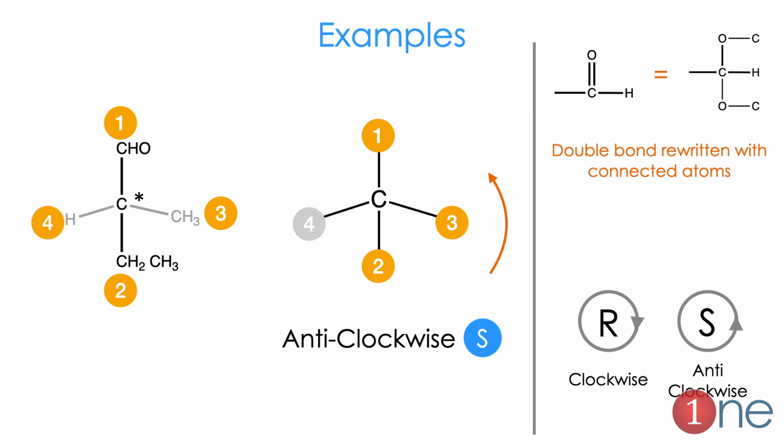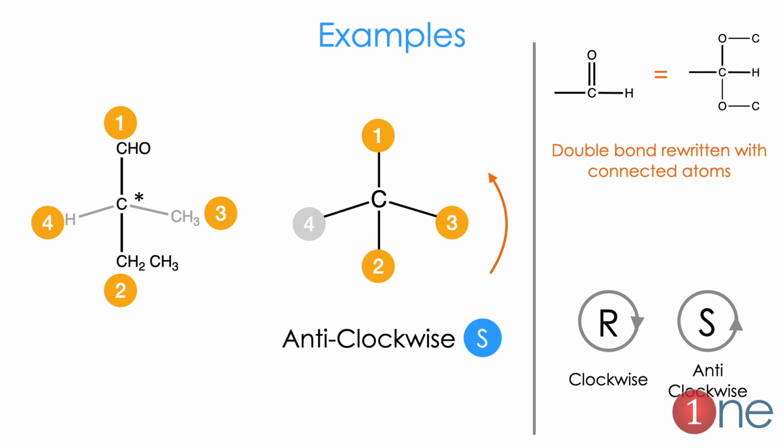The next one is a similar condition. Here the chiral carbon is attached with hydrogen, methyl, one aldehyde group and one ethyl group. So how will you assign here? Here carbon and carbon are the same. The methyl group you can assign clearly, hydrogen you can assign clearly, but between aldehyde and ethyl group, how will you decide it? Aldehyde is normally considered as a carbon attached with 2 oxygen atoms, and the oxygen atom is attached again with a carbon atom, so it is like a chain of atoms.